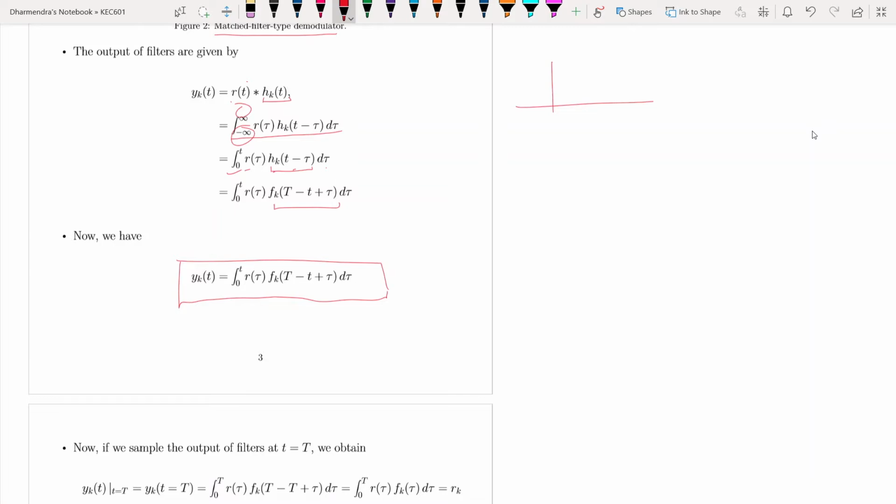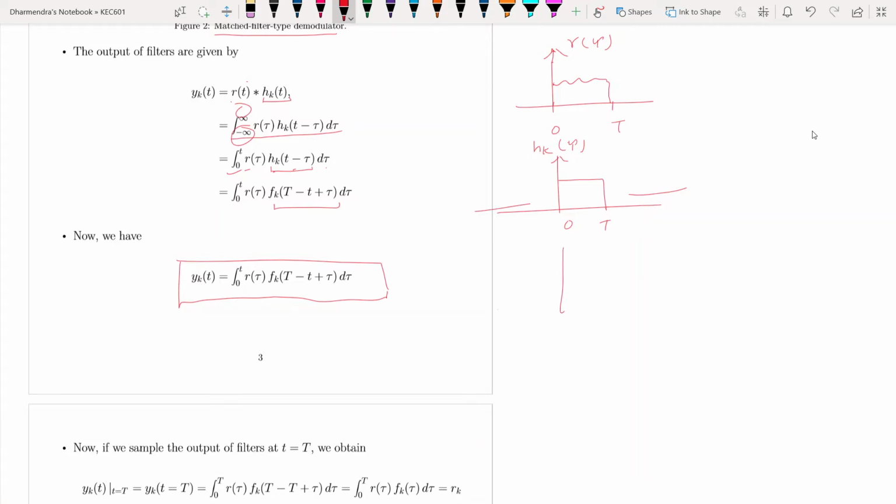Actually, your r of tau is also defined from 0 to T, and h k of tau is also defined in this interval. Maybe this is your waveform like this, and this is your impulse response. Outside this, it is also 0, and r of tau is also 0.